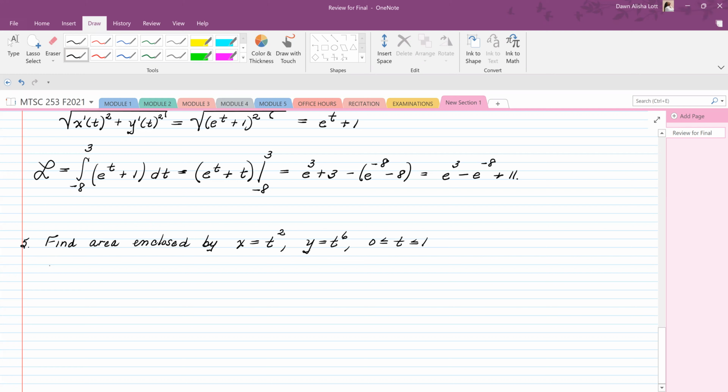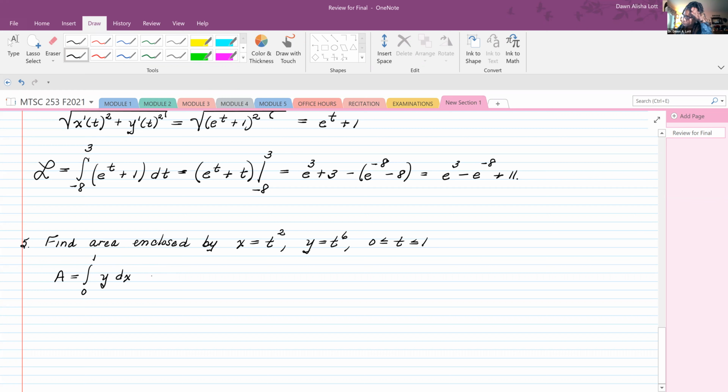Okay, so what do you do? So for the area under the curve, I put the integral from 1 to 0. You mean 0 to 1? Yeah, I wrote it like that, but yeah, 0 to 1. And then I put y times x prime of t dt. Was that right or no? That's correct.